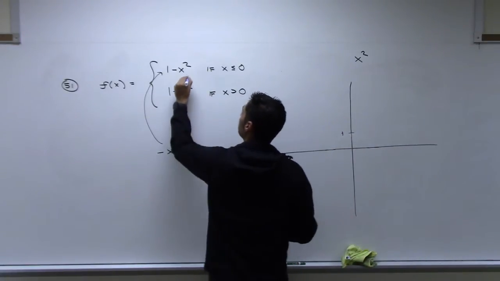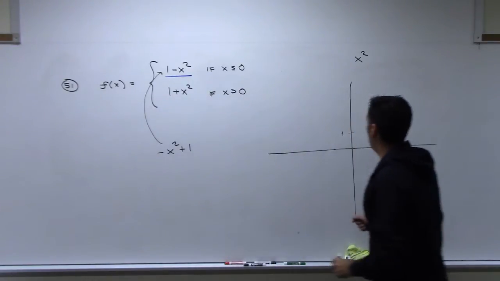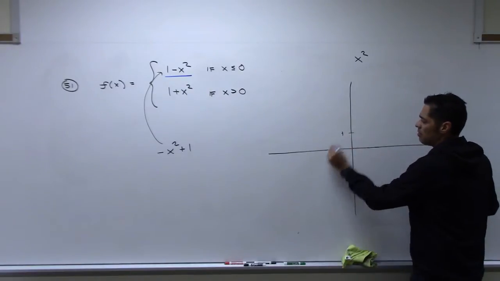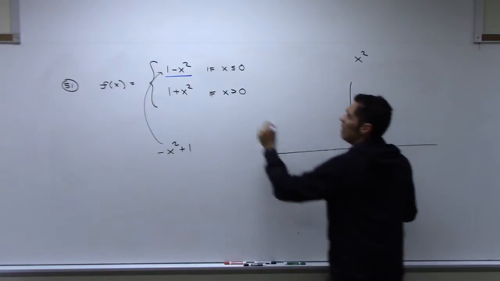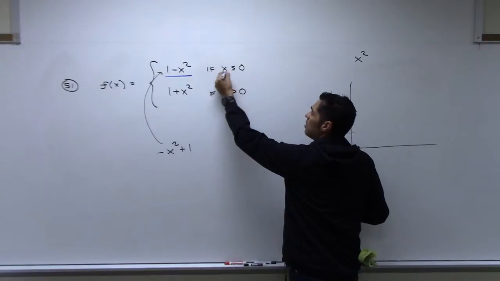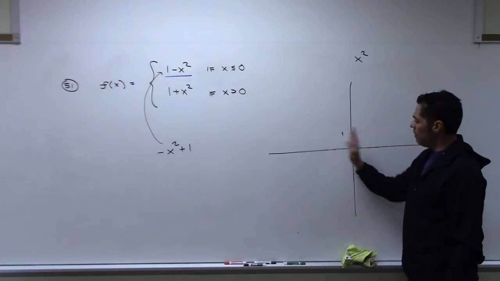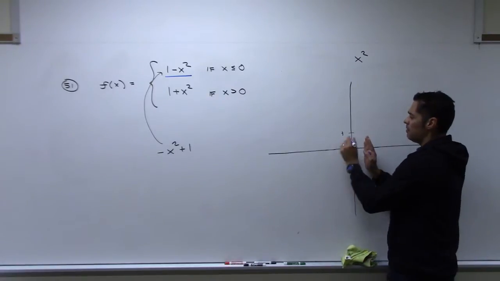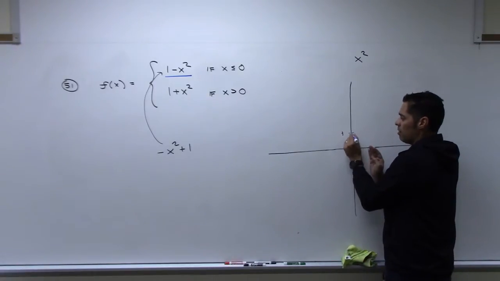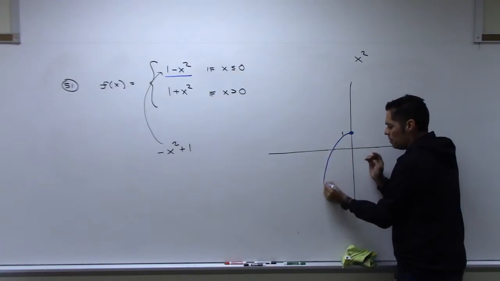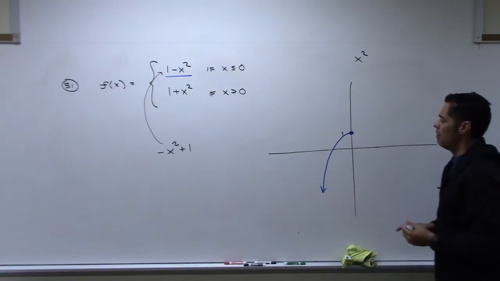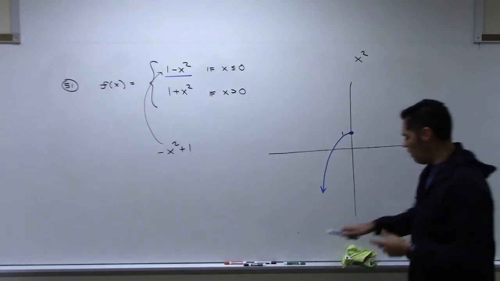Okay, so it would look like this right here. But I only want to draw it for x less than or equal to 0. So here's x, here's positive, here's negative. I only want to draw that parabola to the left of 0 and including 0. So I know at 0 I have that dot, and then my parabola opens like this. Okay, so that's what the graph looks like so far.